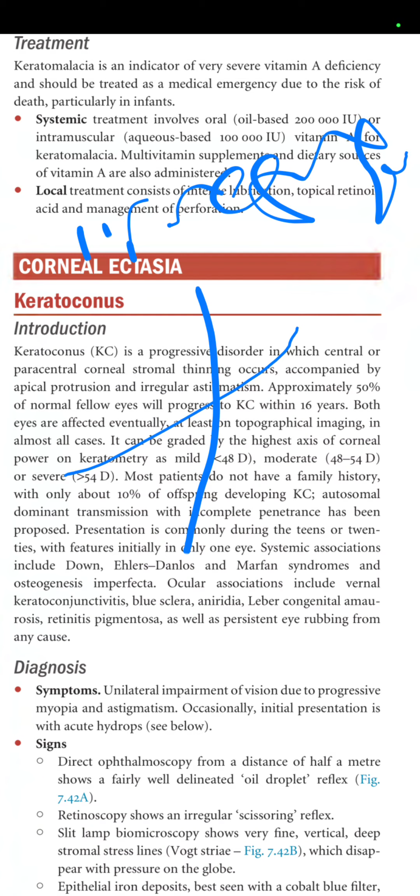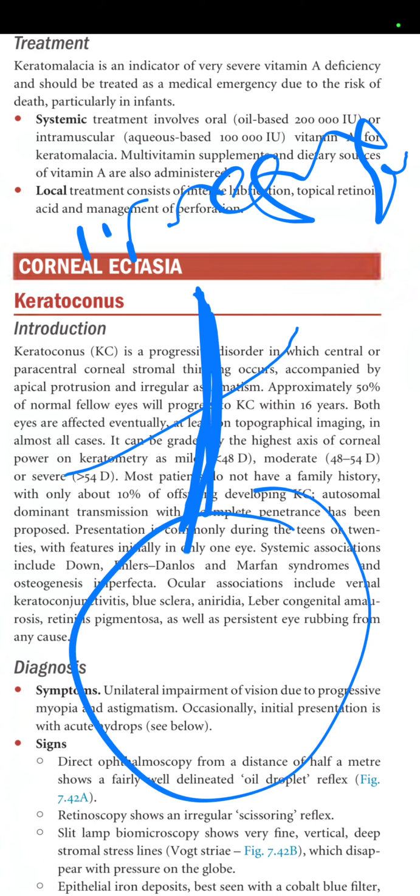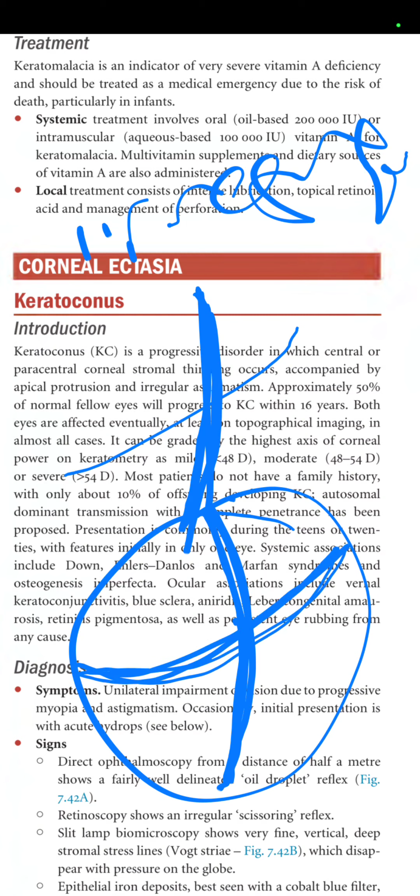Corneal astigmatism basically means that the corneal meridians have different powers. Different corneal meridians have a different corneal power, and the two meridians that have different power are less than 90 degrees to each other.